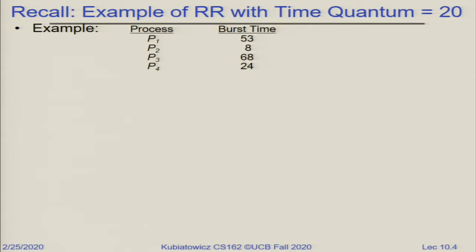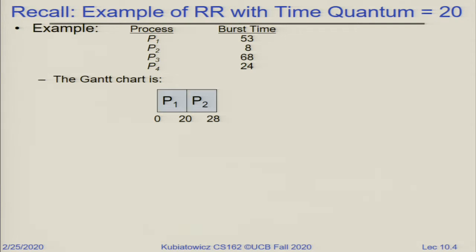Process P1, 2, 3, 4, burst time 53, 8, 68, 24, for instance. We came up with a Gantt chart, okay, for round robin. If the quantum is 20, P1, even though it wants to run for 53, runs for 20. And then you take it off, and you put it on the tail, and now P2 gets to run. Why does it only run for 8?